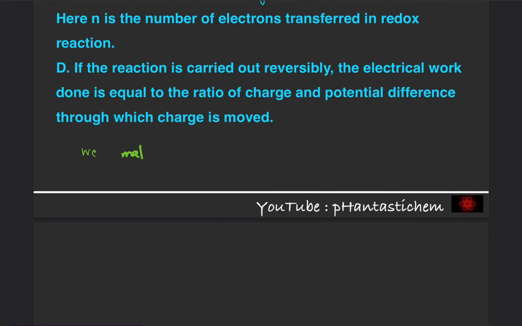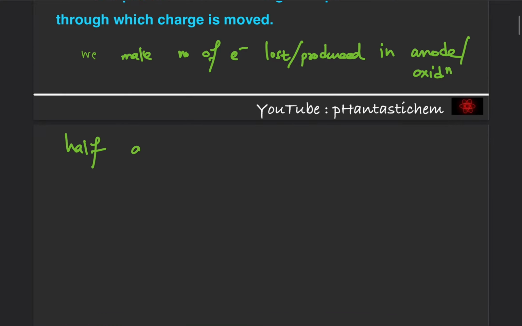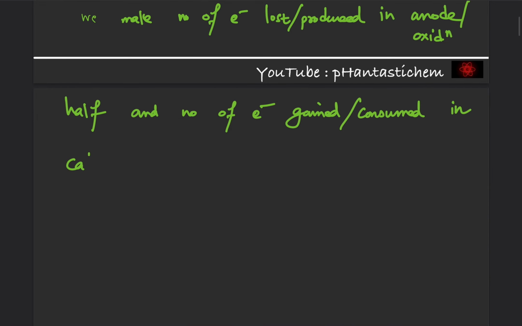So we make the number of electrons lost, or you can say produced, in the anode, or the oxidation half, and the number of electrons gained, or consumed, in the cathode or the reduction half, equal.